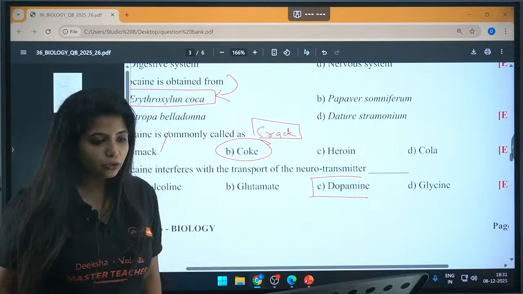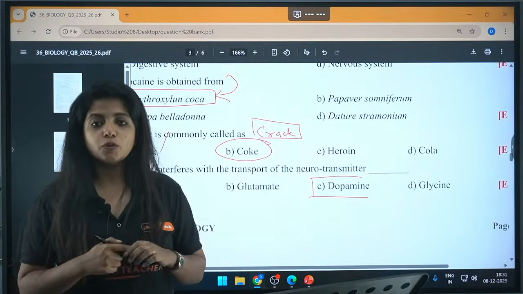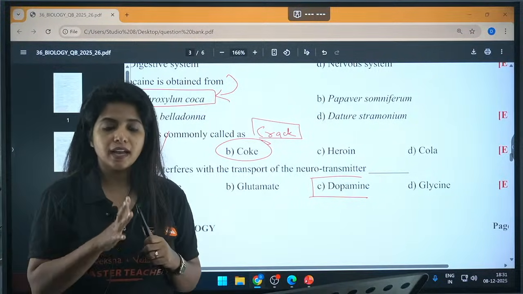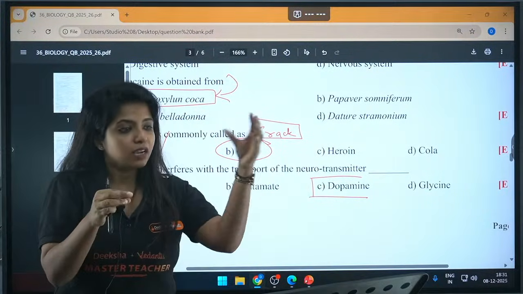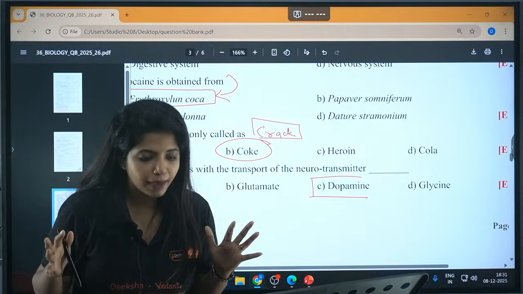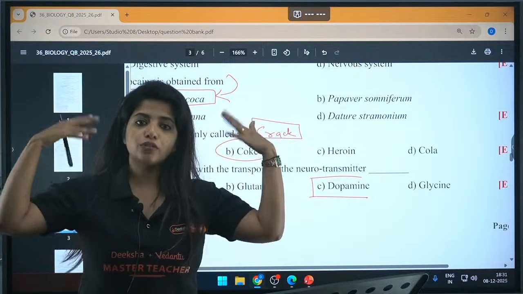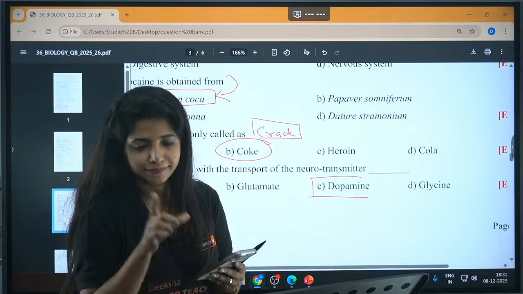What does this dopamine do? Dopamine gives us happiness, energy. So basically this particular coke or crack goes and affects the dopamine receptor such that there is continuous release of dopamine, which is why you get a sense of euphoria. You become extremely happy. That does not mean that for being happy you have to go there.